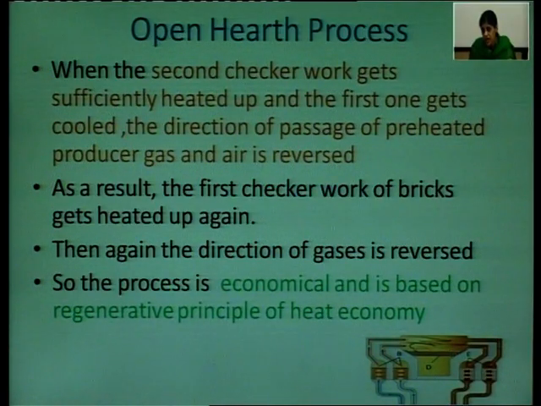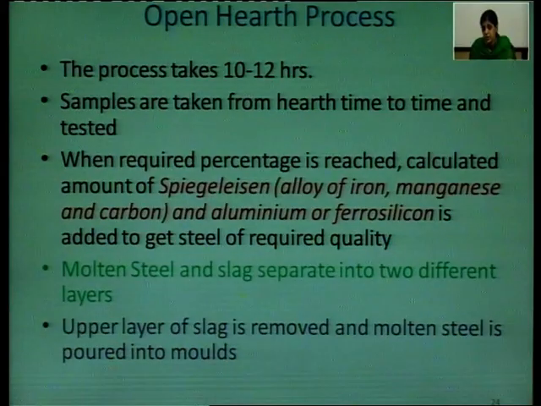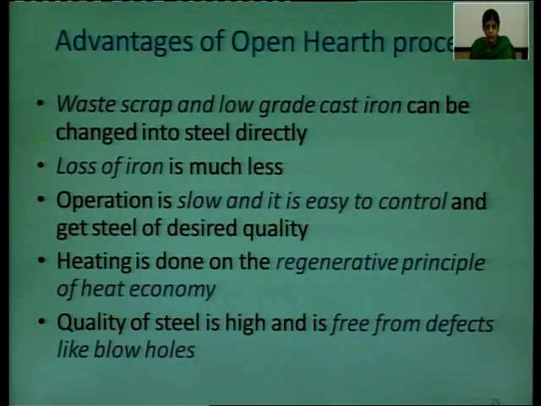The slag and the metal can be separated. Slag can be taken out and then the metal, that is steel, can be taken out, and because this is molten steel, it can be put into the molds that we require for molding. So, this is the open hearth process of making steel.